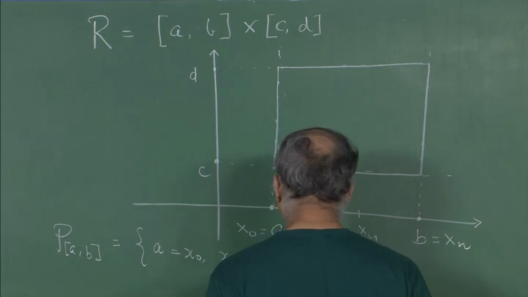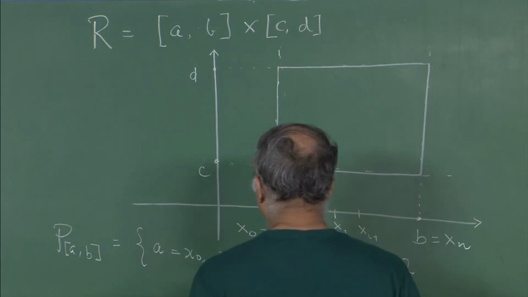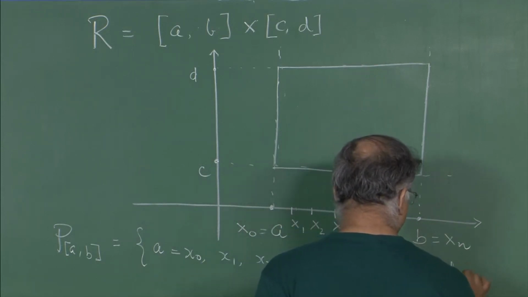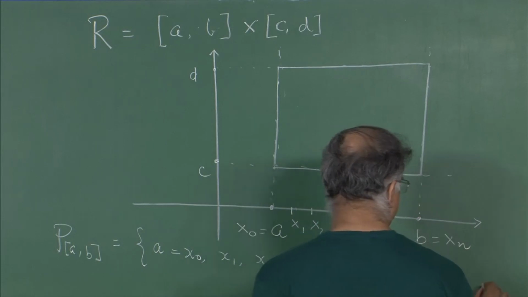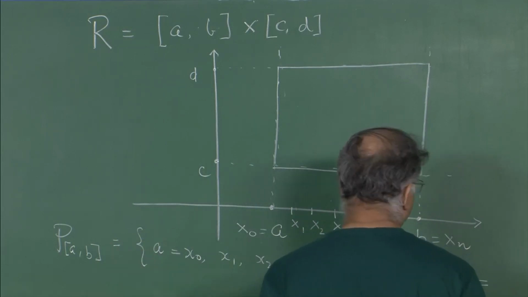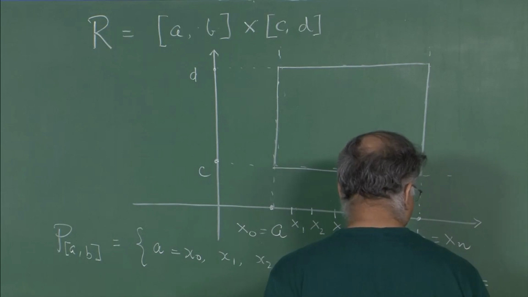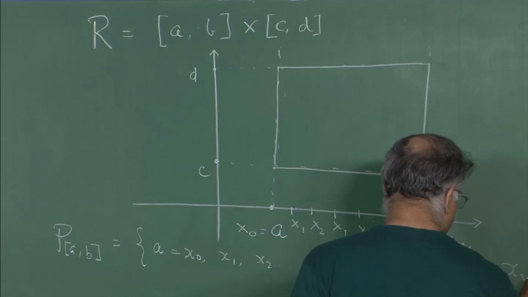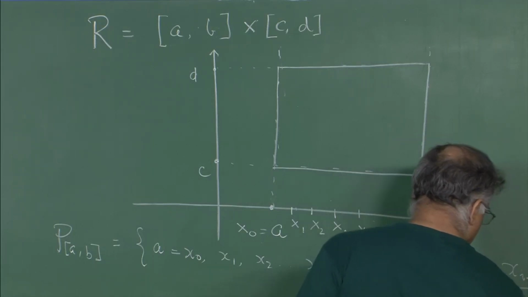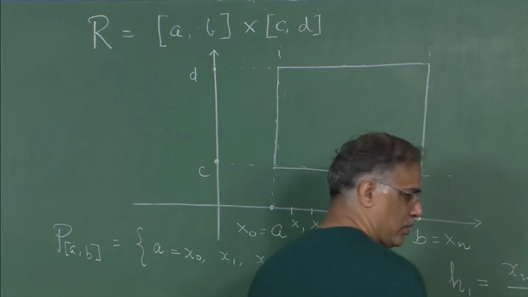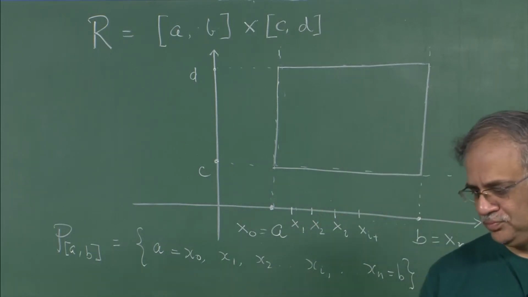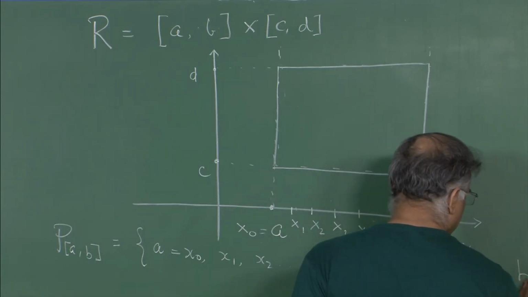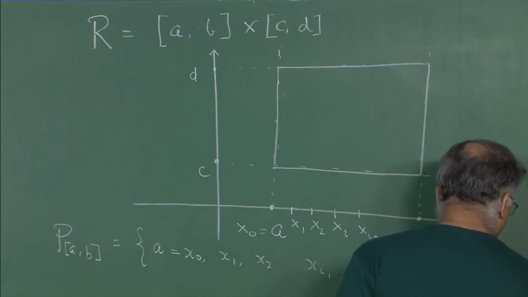So if they are equally spaced, then the length must be divided by the number of intervals you want. So your interval length h1, say, because I am taking it on AB, is given by the total length b minus a divided by n.